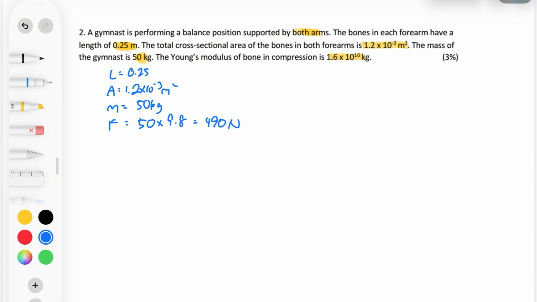And the Young modulus E is 1.6 times 10 to the power of 10. I just list this out; it is not kg, it should be a pressure, so it's Pascal. What we want to find is the change of length. Using the formula for Young modulus, E equals stress divided by strain.